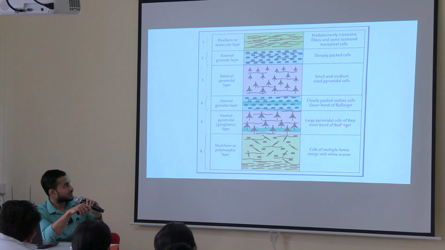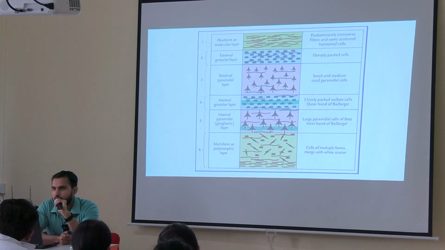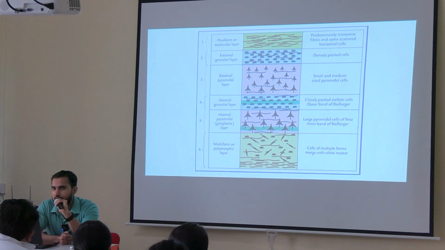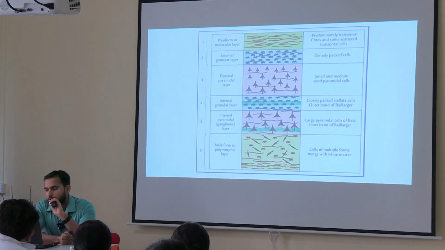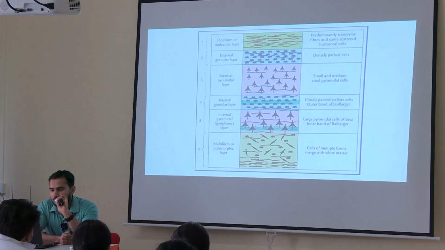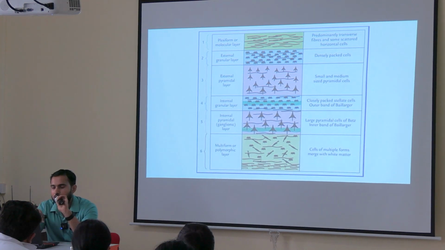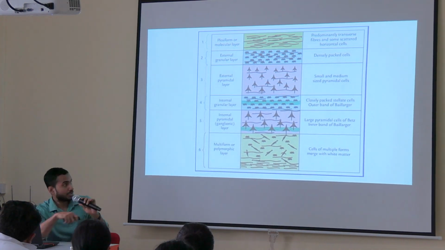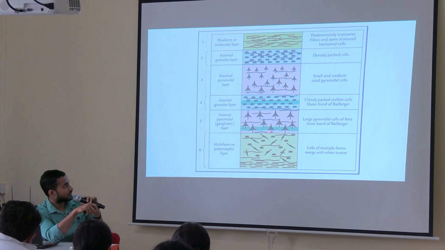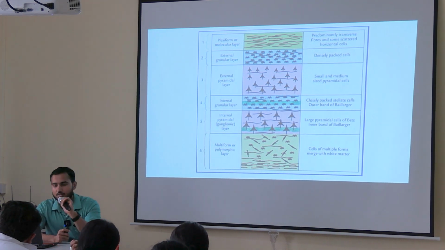Here you can see large pyramidal cells are present, and they are also called pyramidal cells of Betz. These are the largest pyramidal cells, and the fibers which come out from those cells form the internal band of Baillarger. You can see these are the internal band of Baillarger.